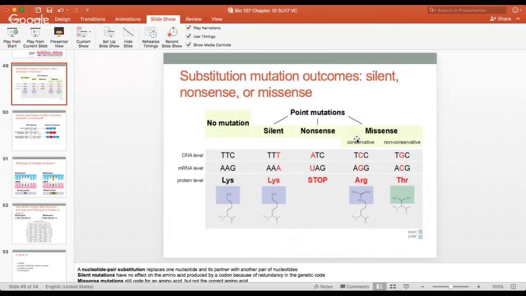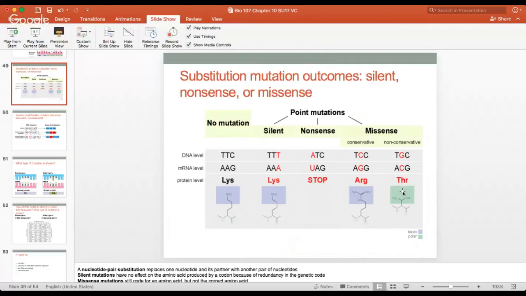Missense is when we change the amino acid. So in a missense, this original sequence mutates, changing from TTC to TCC or TGC or some other codon, where now instead of lysine, we have arginine. Or now instead of lysine, we have, I think this is threonine.